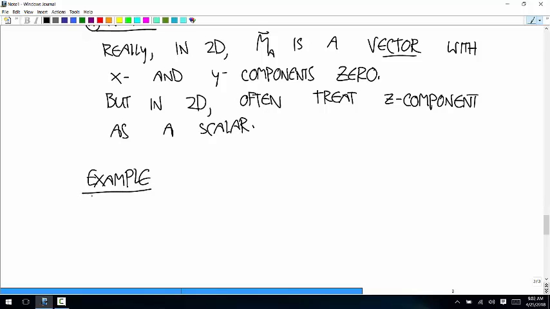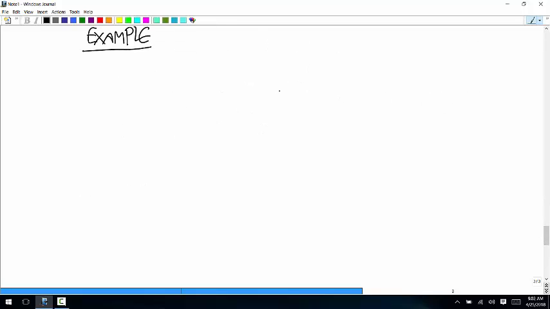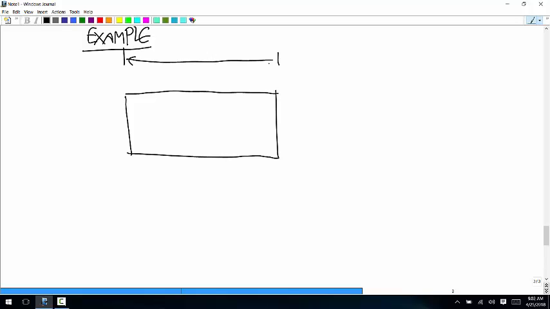Okay, so let's say we have a rectangle that's 3 meters long and 1 meter tall.